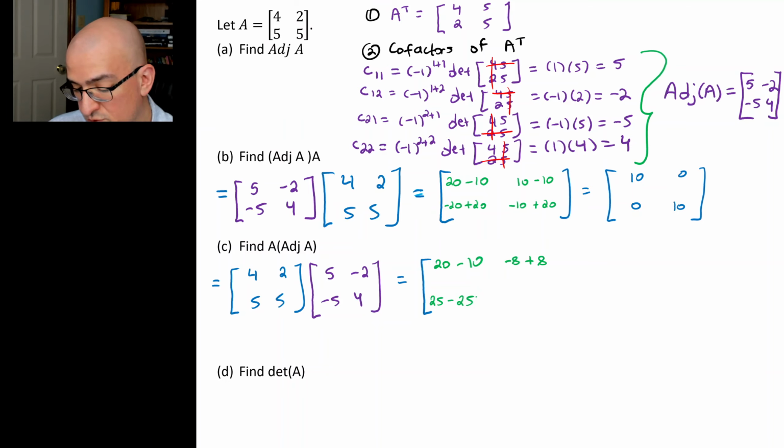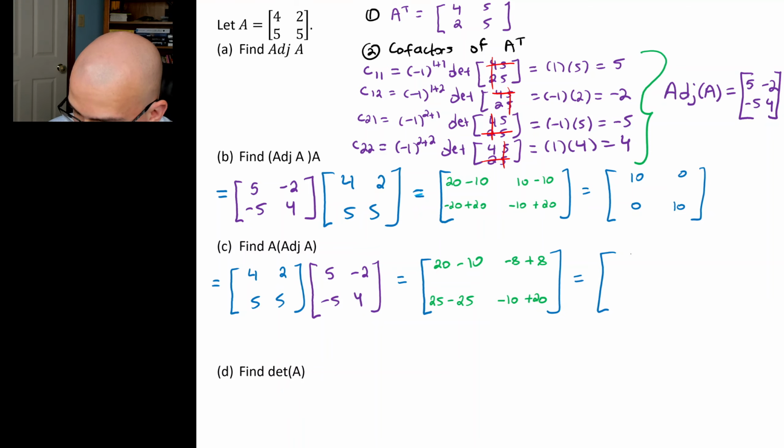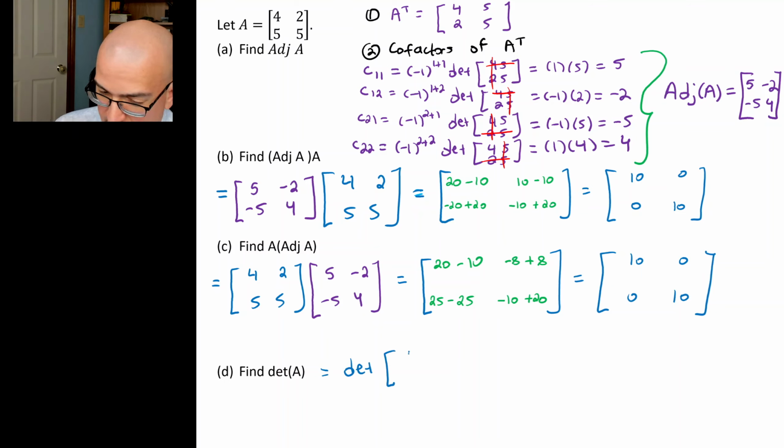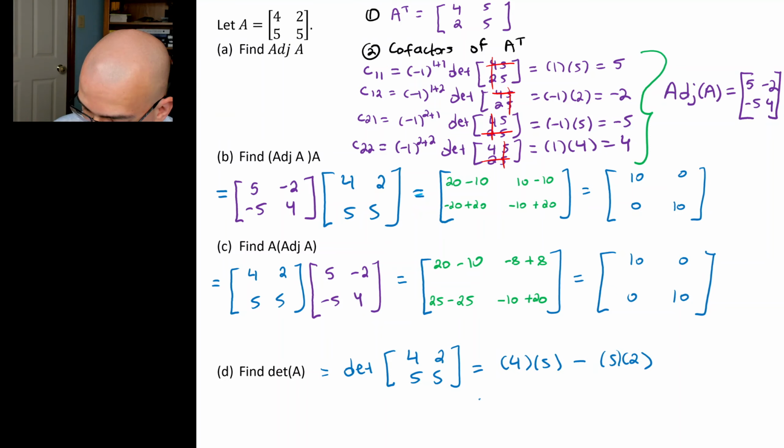And then row 2 dot column 2, negative 10 plus 20. And we get 10, 0, 0, 10. Okay, now in part D, find the determinant of A. So this is the determinant of the original matrix, 4, 2, 5, 5, which is down product 4 times 5 minus up product 5 times 2. So 20 minus 10, we get 10. Okay, so that's the final answer for that.